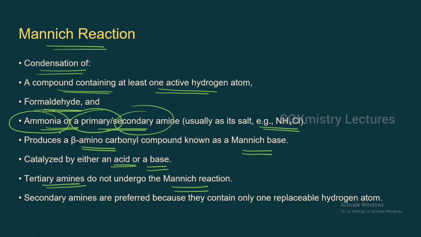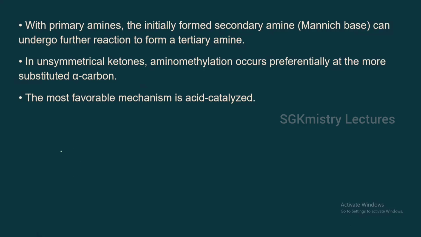Right. So let us write the general reaction. R, C double bond O, CH3. Along with that, we are going to take formaldehyde, H, CHO. And we can take the ammonia or the primary or the secondary amine in the form of its salt. So let us take NH4Cl.